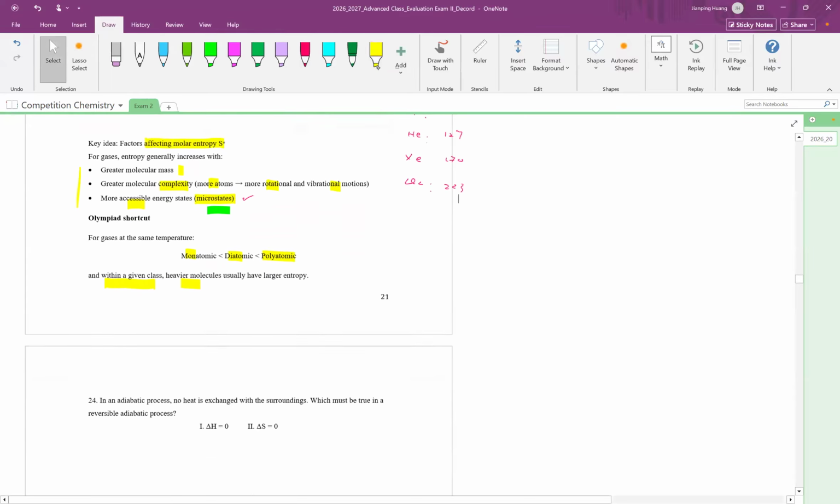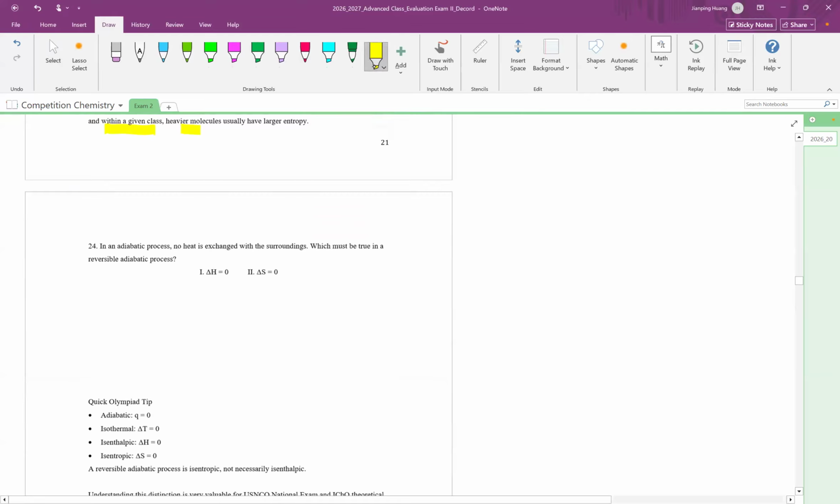Okay, go to 24. The answer should be this one. In an adiabatic process, what does adiabatic mean? We learned this, right? Basically there is no heat transfer to the surroundings.